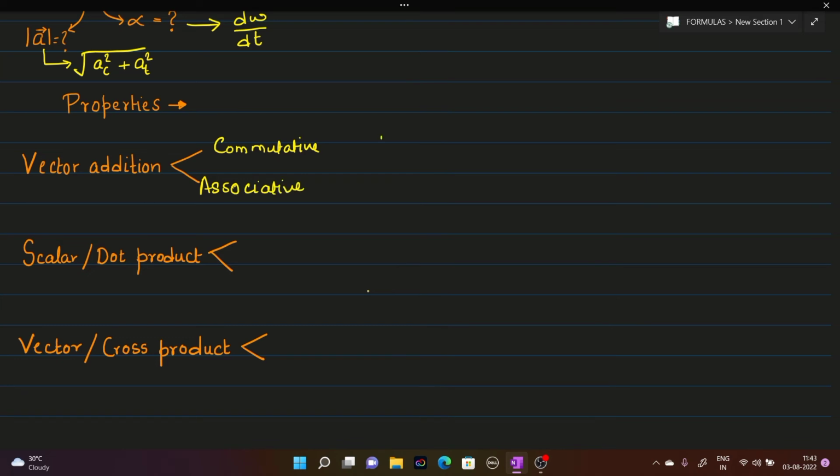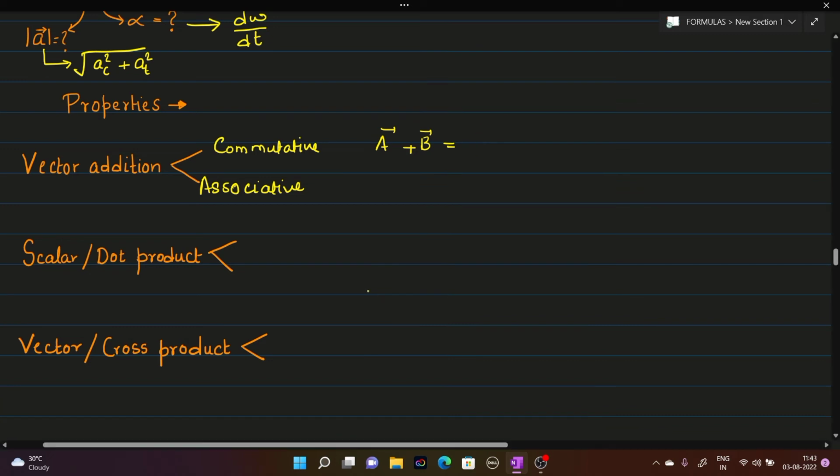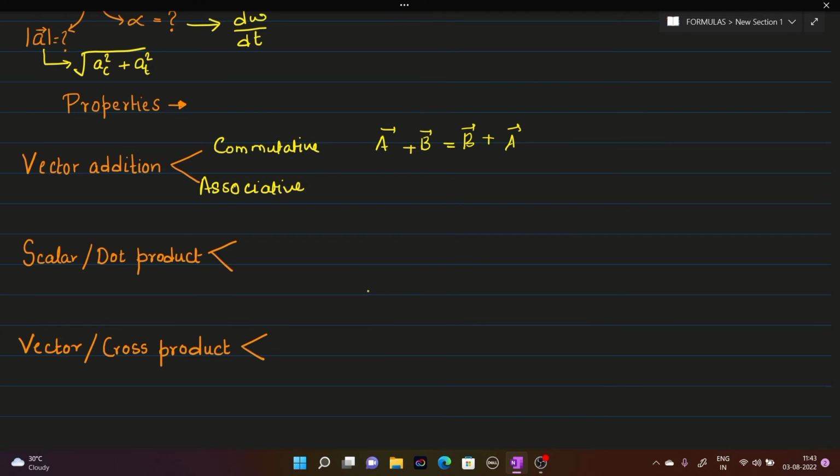Commutative law means vector A when added to vector B can also be written in the format of vector B plus vector A. Associative law means when vector A is added to (B plus C) vector, then it can also be written as (A plus B) vector added to C vector.